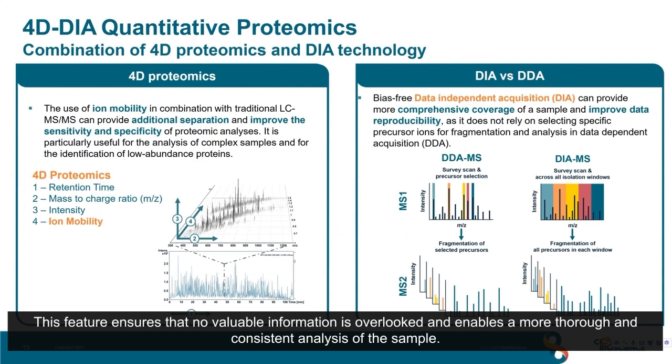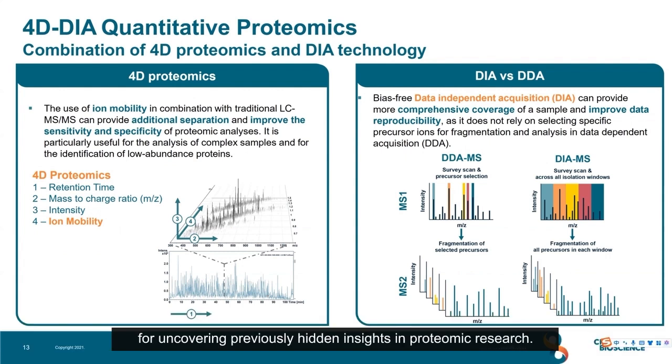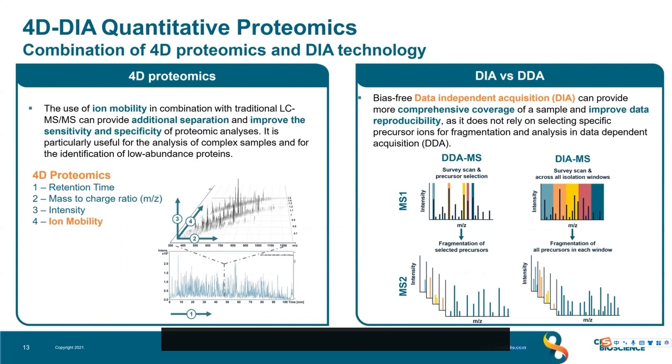This feature ensures that no valuable information is overlooked and enables a more thorough and consistent analysis of the sample. The combination of the ion mobility dimension and the DIA in 4D-DIA quantitative proteomics opens up new possibilities for uncovering previously hidden insights in proteomics research.